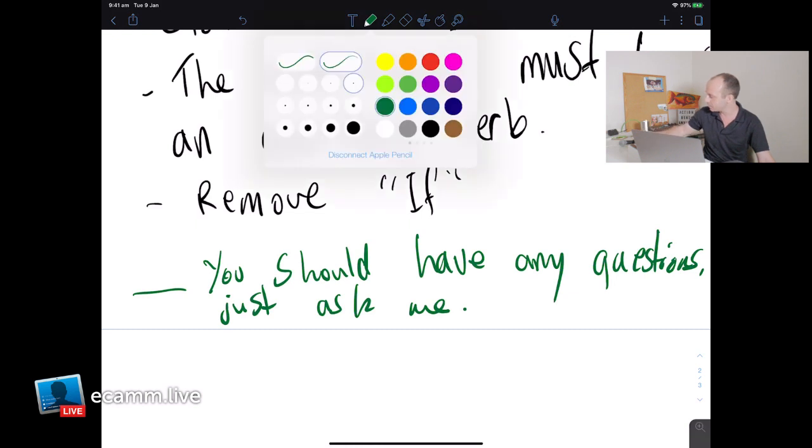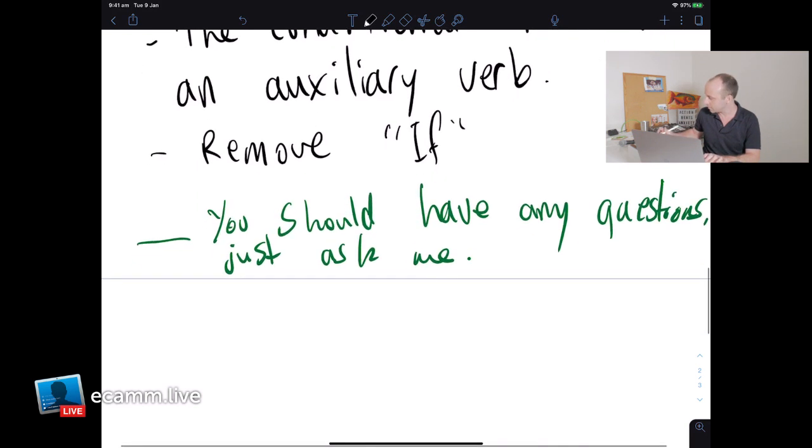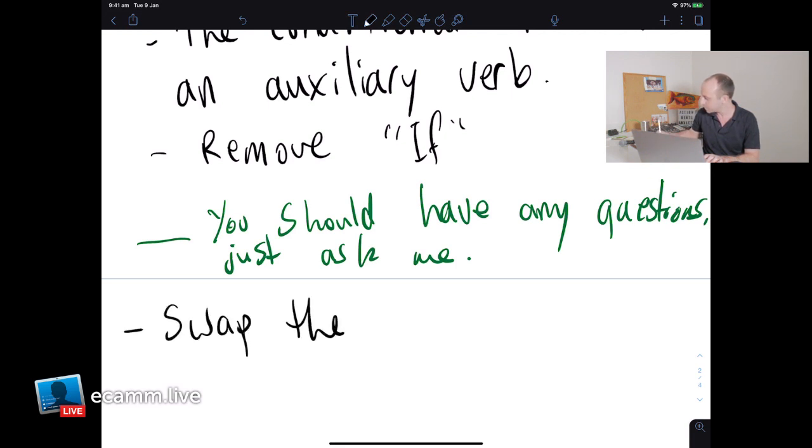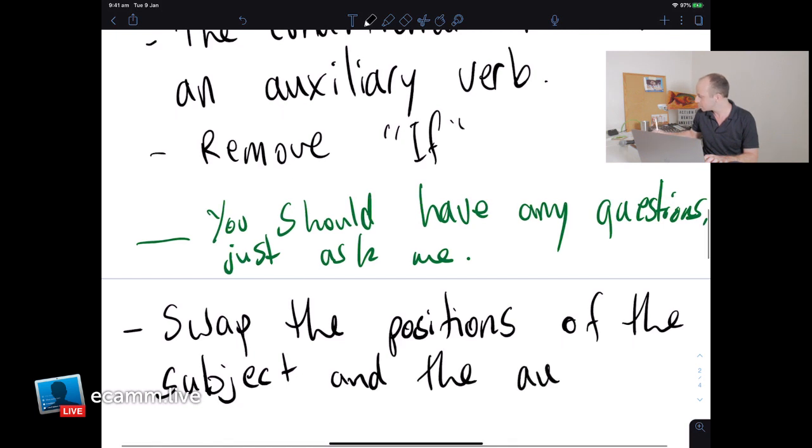What we do now is swap the positions of the subject and auxiliary verb.